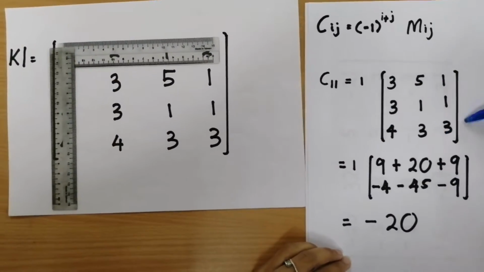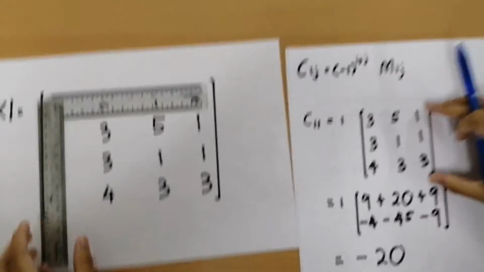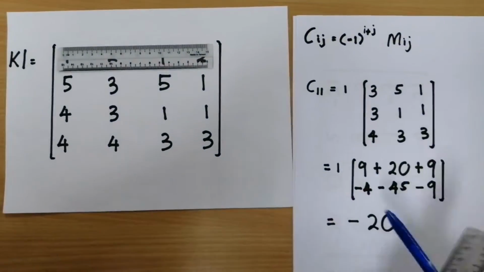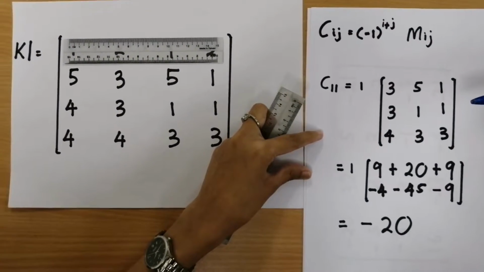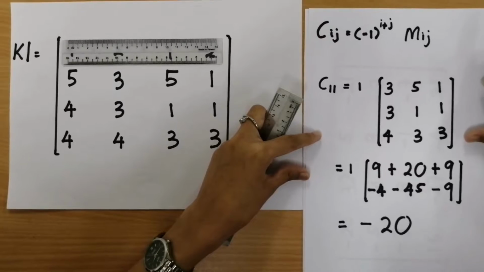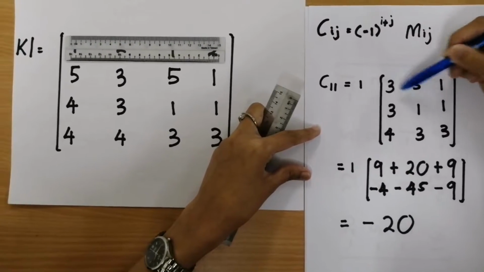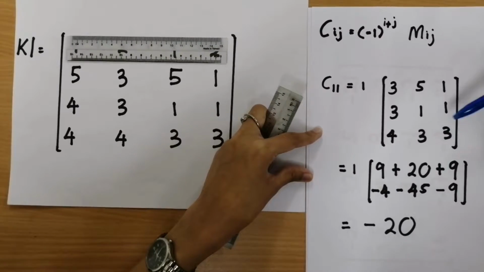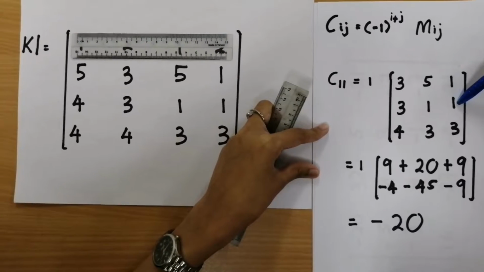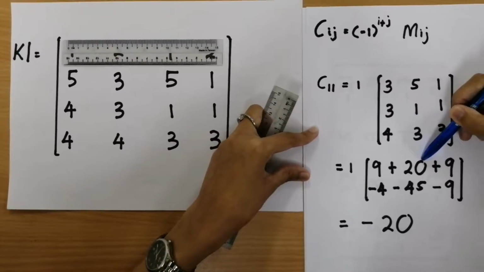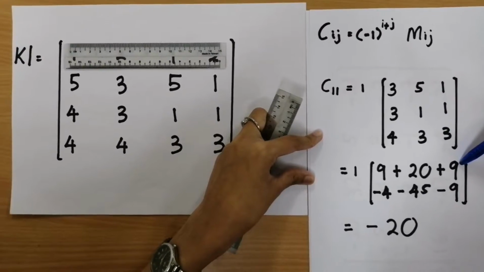So here, we put it here. To solve the inside of the matrix, we need to use the formula A times D minus B times C. So here, 3 times 1 times 3, we get positive 9. 5 times 1 times 4, positive 20. 1 times 3 times 3, positive 9.